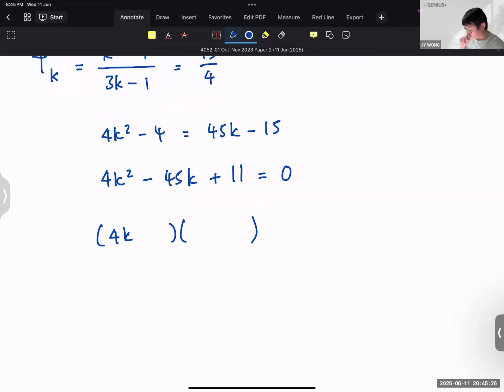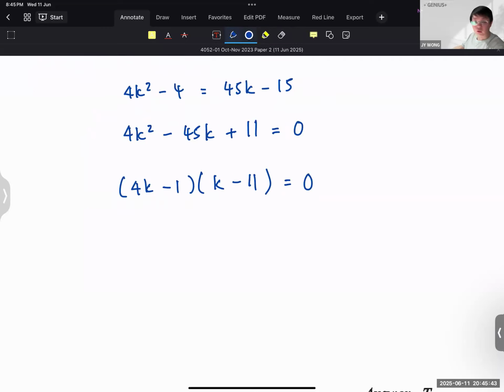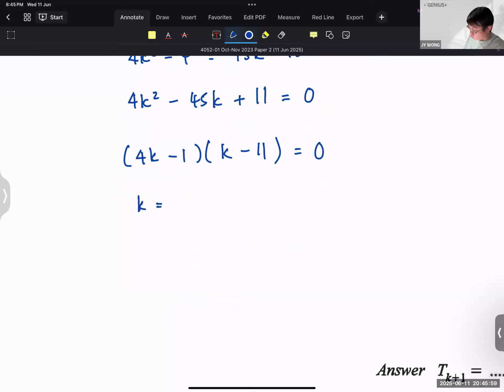Okay, if you're not sure how to factorize this very quickly, it's not difficult to factorize here because 11 is a prime number. So you should know that this must be minus 11 and therefore this will be minus 1 so that you get k minus 11 and 4k minus 1. But if you cannot factorize this very quickly, then you just press your calculator and then learn how to work backwards. So you just get a quadratic and therefore you will get k equals to 1 over 4 or k equals to 11.